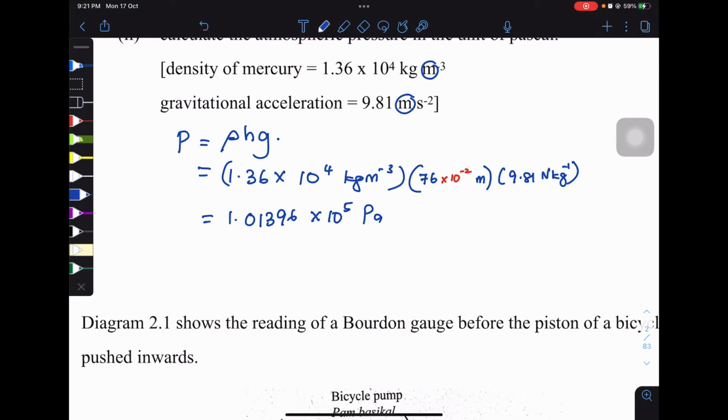Make sure you write all these numbers because they are all meaningful. This is actually the value: 1, 2, 3, 4, 5. So the value is actually 101396 Pascal. You have to write all these numbers. Let's say we are buying and selling, this is the price, your cost.